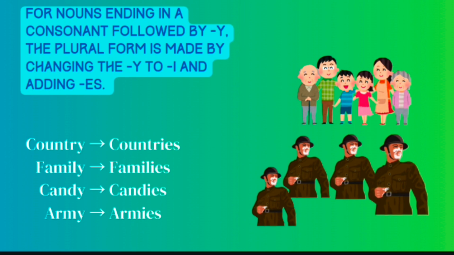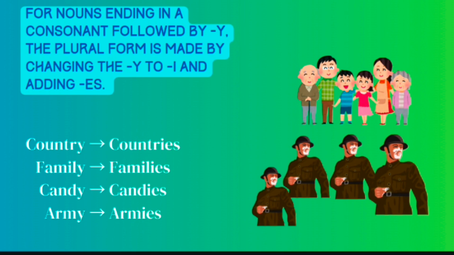While you convert, you will have to keep two things in mind. That is, the second last letter has to be a consonant followed by a y. If this is the situation, then the first step you should do is to remove the y, that is the last letter, and replace it with i, followed by es.